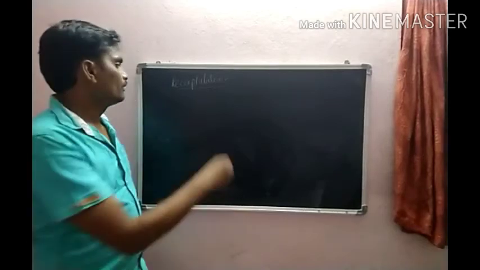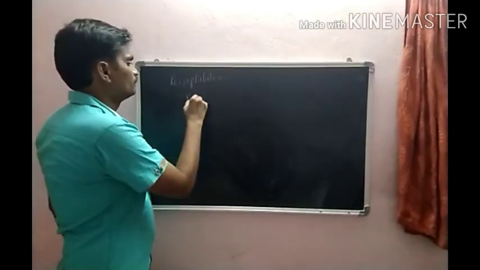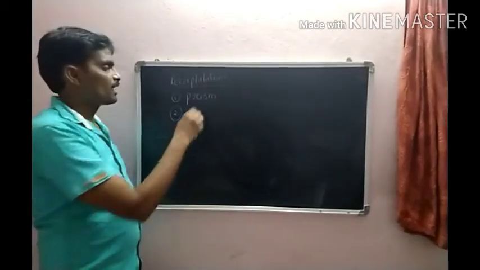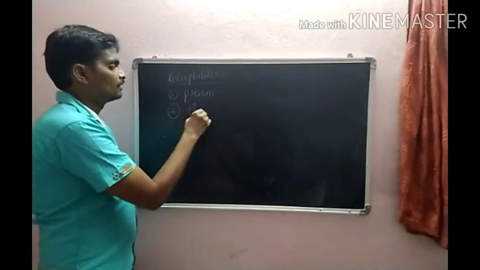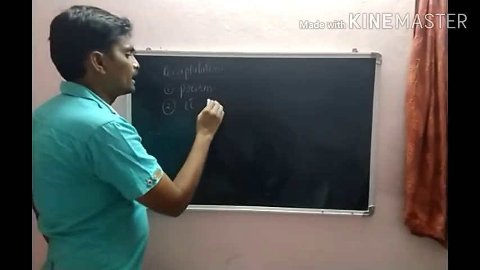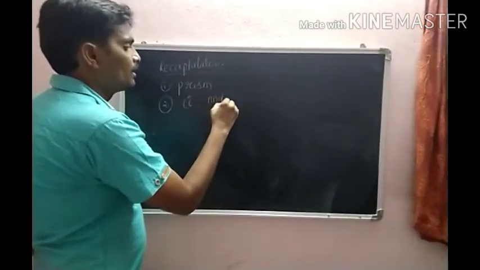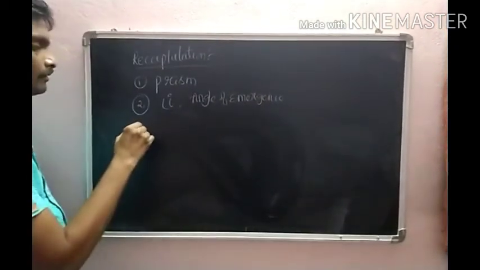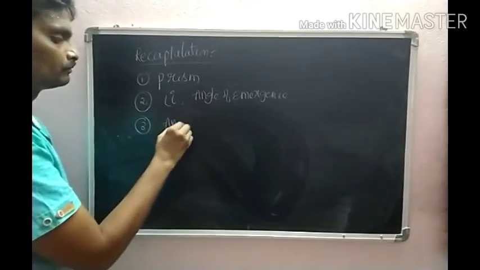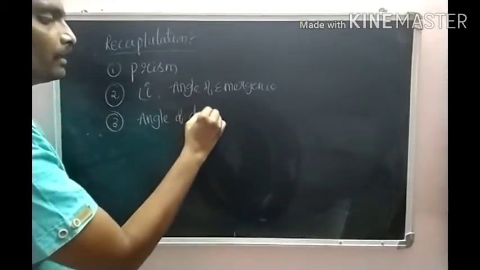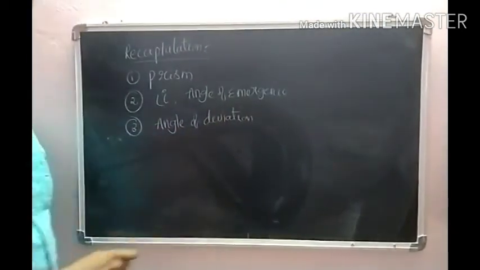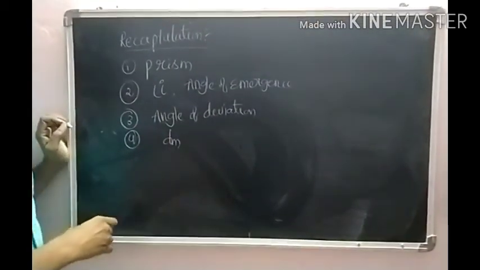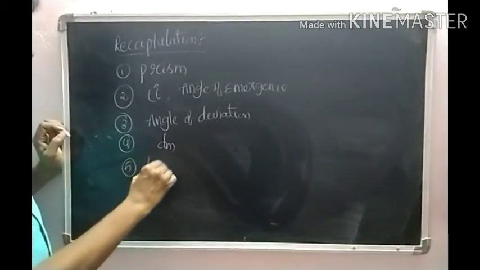Recapitulation. Today we discussed the prism. Second, the related terms belonging to the prism: angle of incidence, angle of emergence, third, angle of deviation, and fourth, angle of minimum deviation, and the lab activity on the prism.